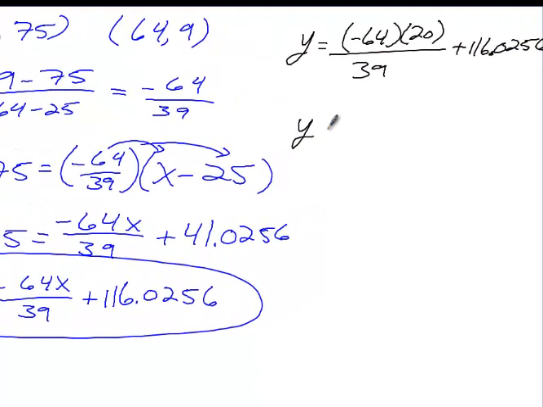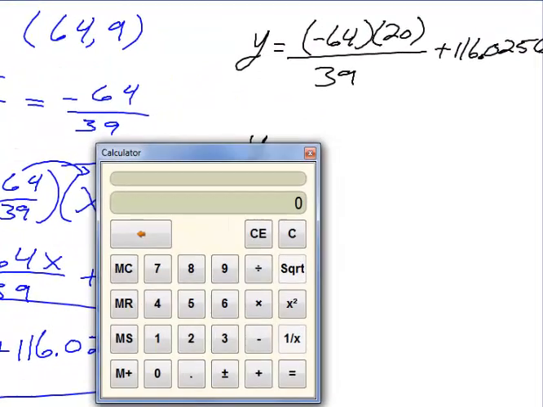All right, so just plug that into a calculator. We're going to take negative 64 times 20. We get that. We're going to divide it by 39, and we're going to add 116.0256, and we get 83.2051.